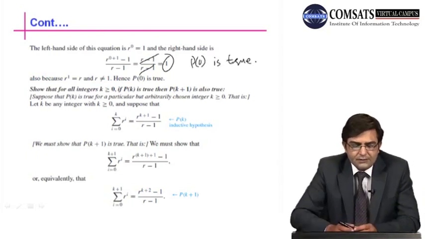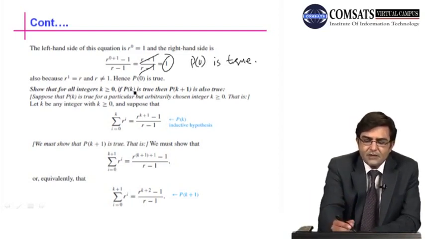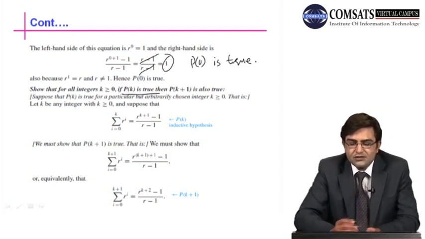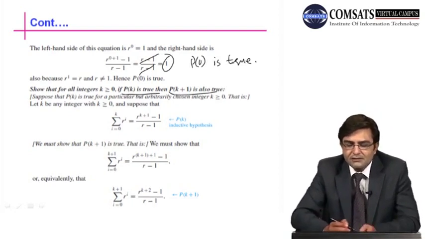Now we have to show that for all integers k greater than or equal to 0, if P of k is true, then P of k plus 1 is also true. So this is basically the inductive hypothesis. We have to suppose that this hypothesis is true, and we have to prove that the conclusion P of k plus 1 is true.